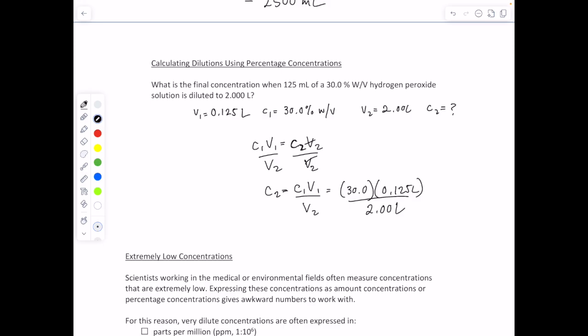And remember, write 30% as a decimal, so we'll do that by dividing by 100. So we end up with a concentration of 0.019% weight per volume.